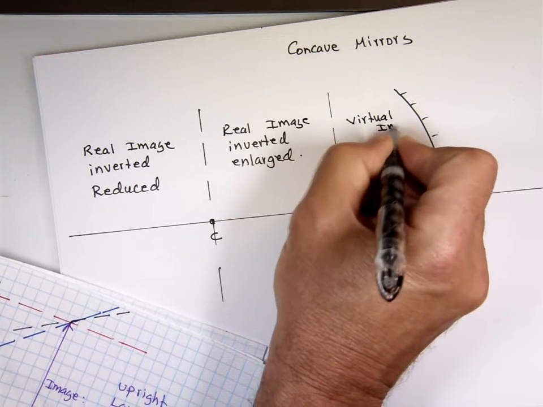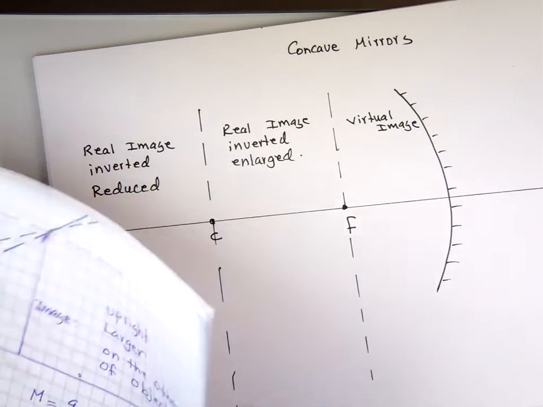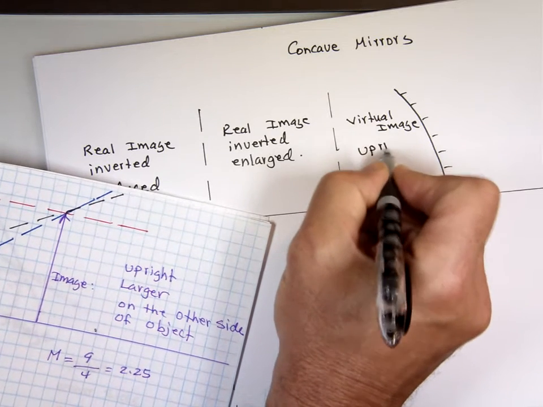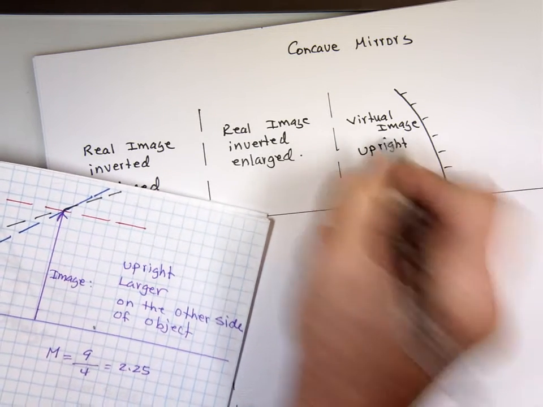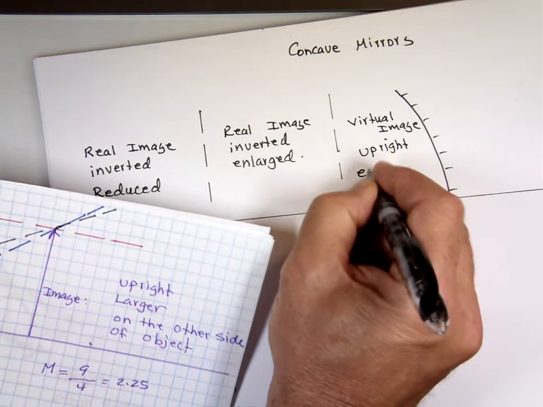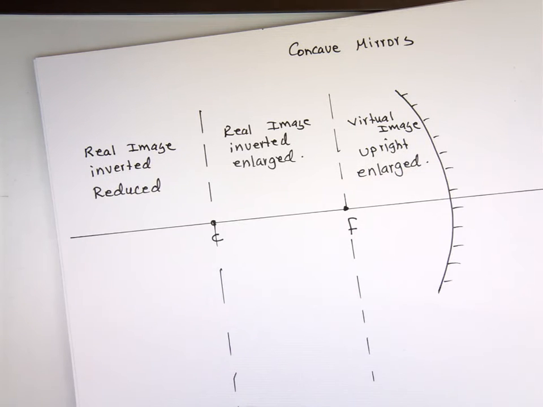It's not inverted because it's upright. And we said what? Enlarged, larger. So these are the 3 cases for concave mirror.